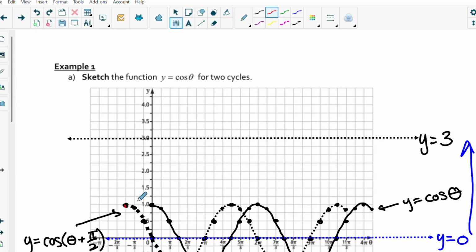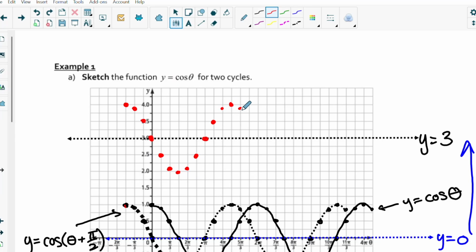So all the way up here. So up at 4. Right there. And there. Right there. There. Okay, right there. And then here.